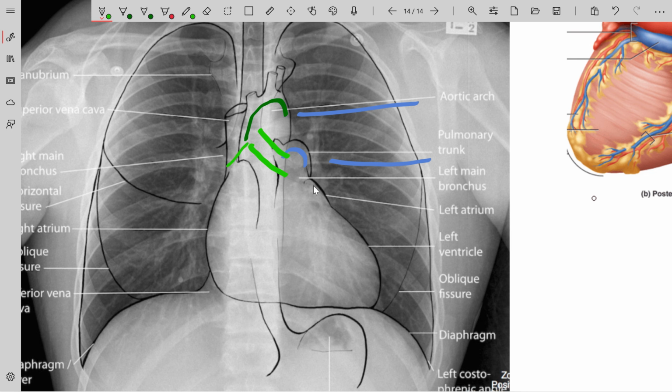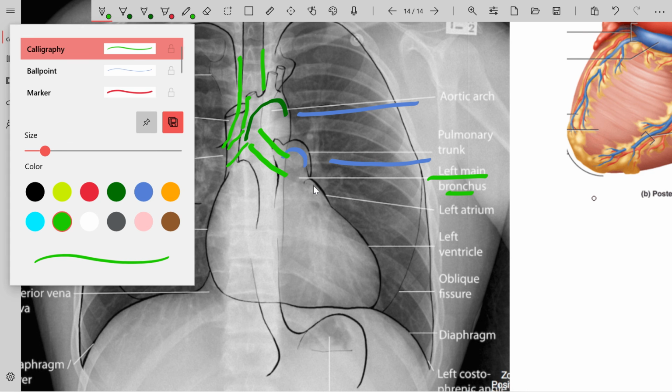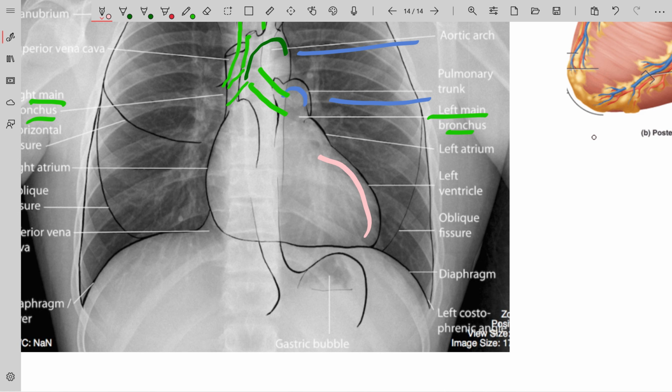This is the right bronchus. Then comes the left ventricle. This is the right atrium. This is the diaphragm.